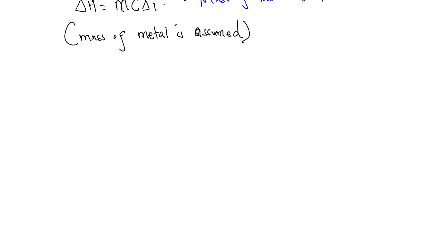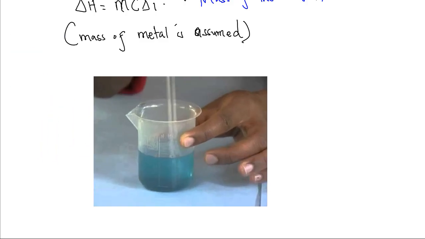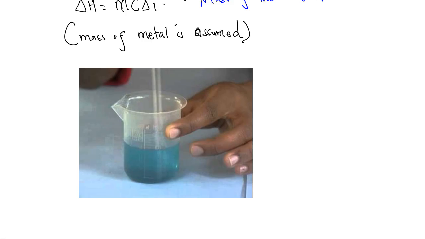So let us have a look at the kind of experiment that you're going to have. That is in that plastic beaker where displacement is taking place. As you can see, there is a thermometer. This is the thermometer, and that is what will help us to note the temperature.